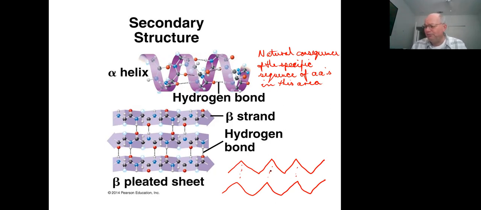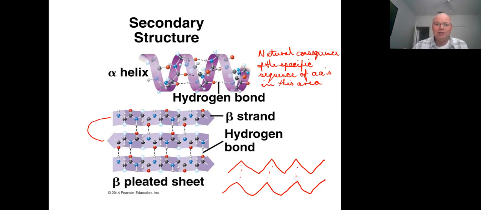And these pleated regions could be consecutive in the sequence of amino acids, so these could be linked together in the sequence of amino acids, or they could be in completely different locations within the amino acid sequence. But because of the way the polypeptide folds around, they come side to side and cross-link with each other through hydrogen bonds. And you'll see an example of that in a diagram of the transthyretin protein coming up shortly.